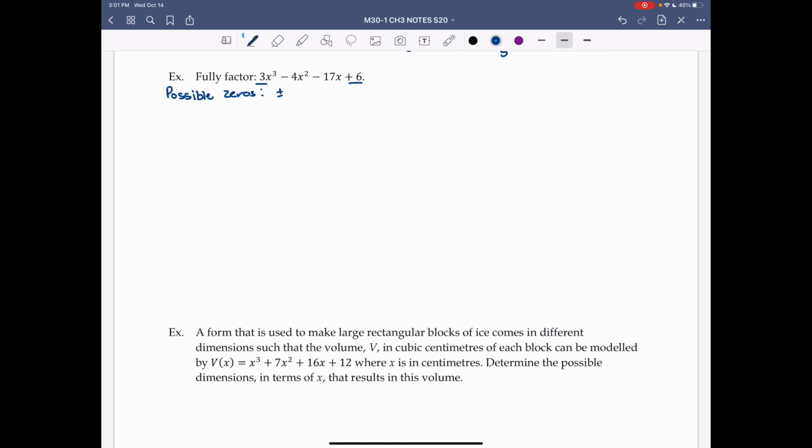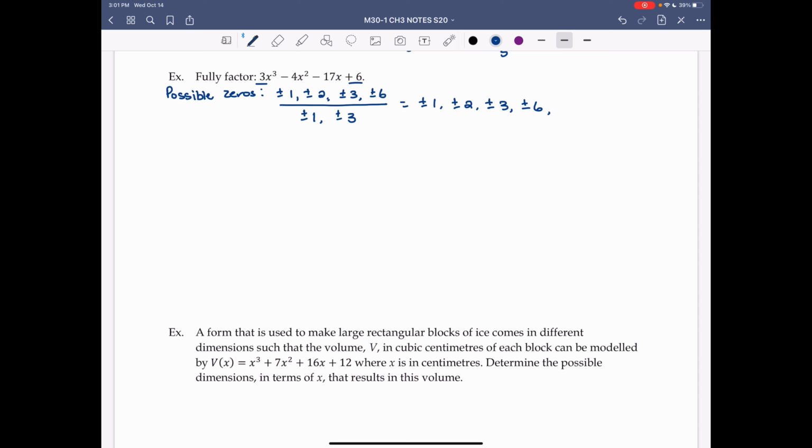Plus minus 1, plus minus 2, plus minus 3, and plus minus 6 on top, divided by plus minus 1, plus minus 3, which gives us plus minus 1, plus minus 2, plus minus 3, and plus minus 6 if we divide by 1.